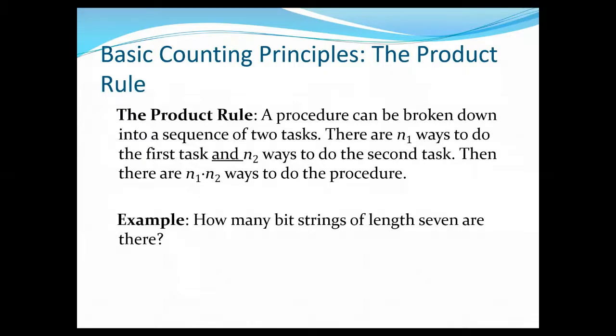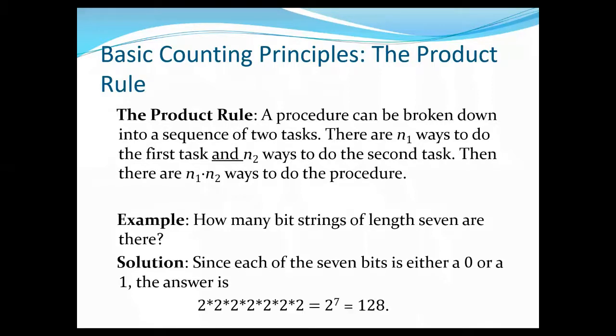So in one position of a 7-bit string, we have two ways to represent it. With 7 positions, we multiply 2 times 2 times 2 times 2 times 2 times 2 times 2, or 2 raised to 7, and the result is 128.